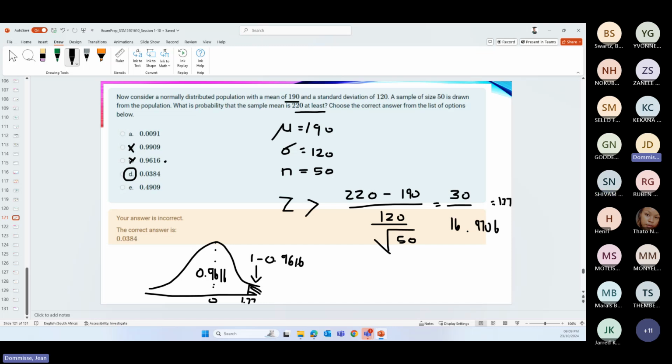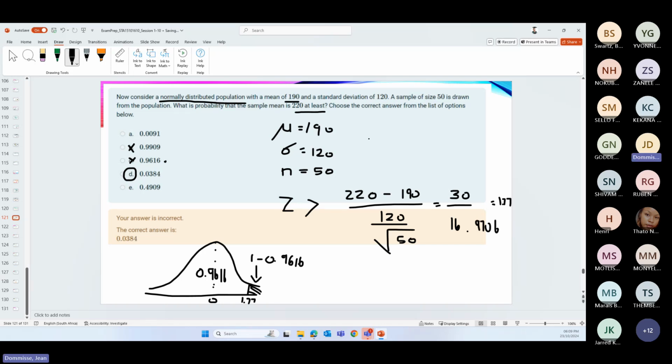Yeah, so the easiest nearly is for when it is the normal distributed populations, and you use the Z tables.